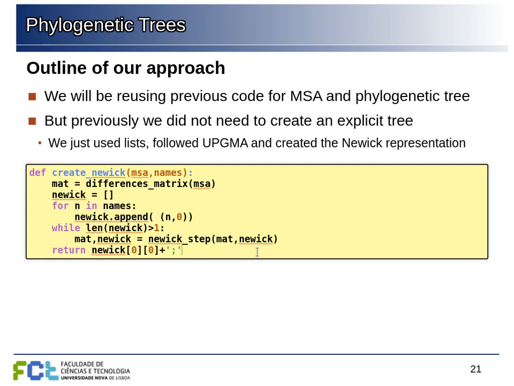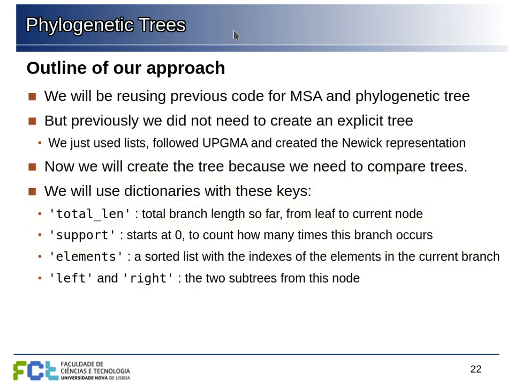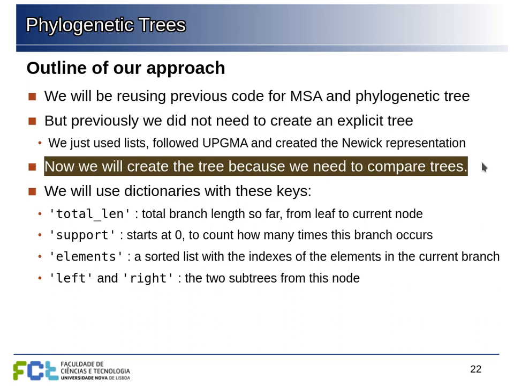So previously we did not really need to create a tree in any specific data structure because we only needed to follow the correct order in UPGMA to create the Newick text. Now it's going to be different because, since we need to compare different trees, we're going to actually create the tree, because we need to check for each replica which branches in the original tree are present.